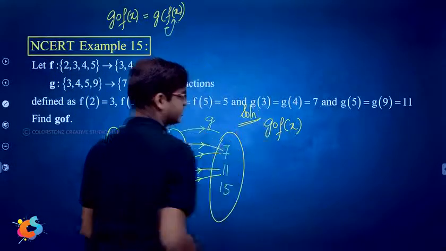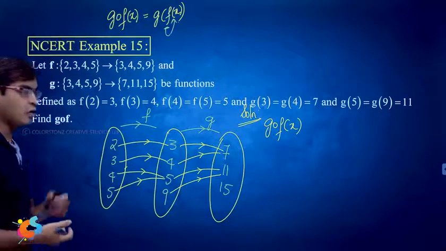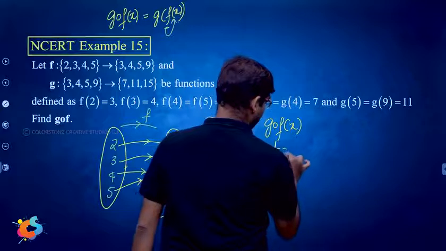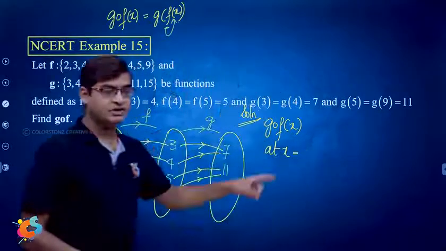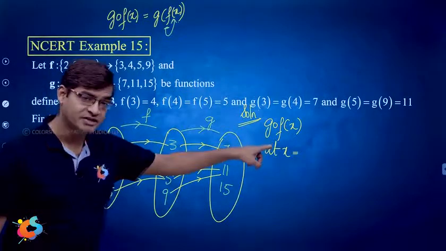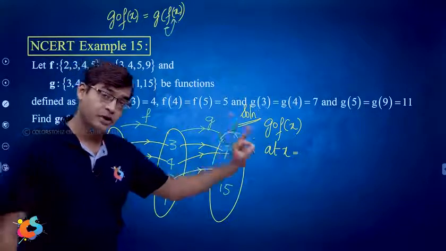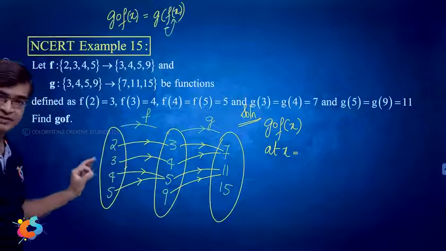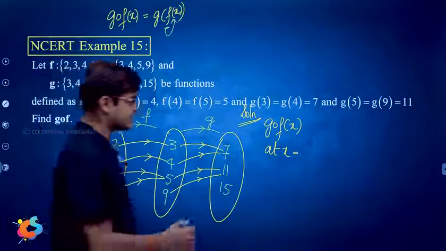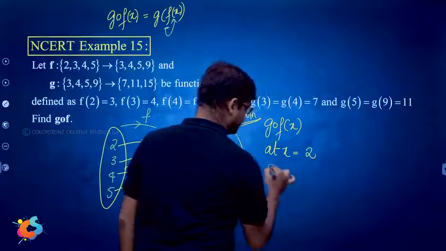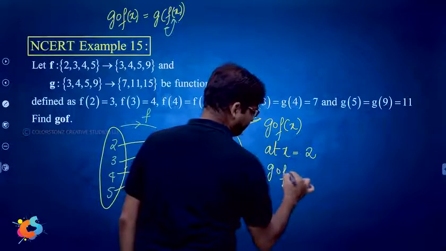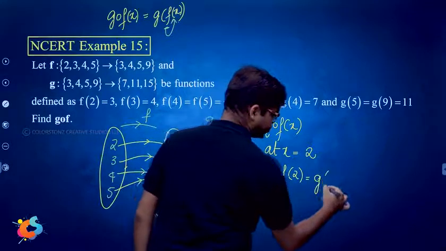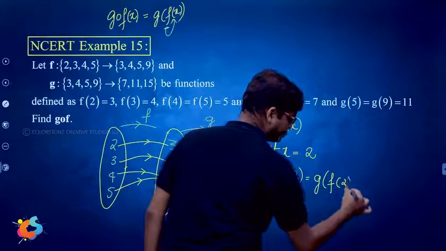So the solution is, we want to find G circle f of x at x is equal to, now x should come from the domain of the inside function, which is the domain of f. So here x should take values 2, 3, 4 and 5. At x is equal to 2, we have G circle f of 2, which is nothing but G of f of 2.